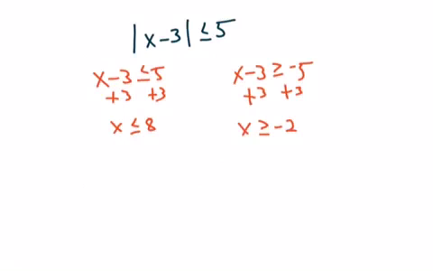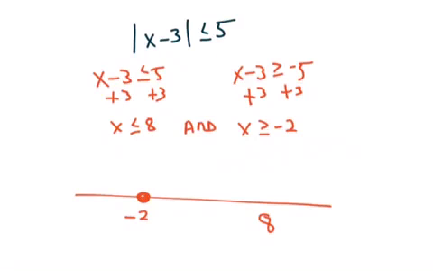So we can think of a number that's both bigger than negative 2 right here and smaller than 8. So this is where the two overlap, and this is AND. So both things could happen. Graphing this on the number line, we'll have negative 2 with a closed circle and 8.